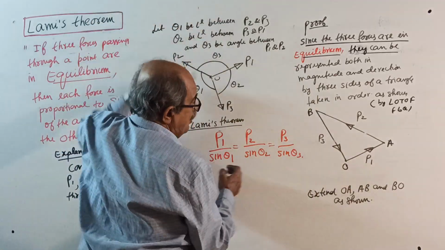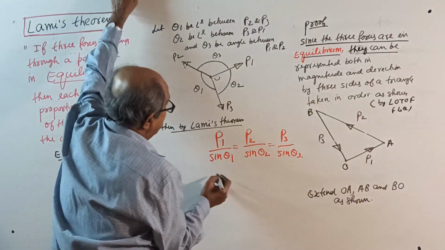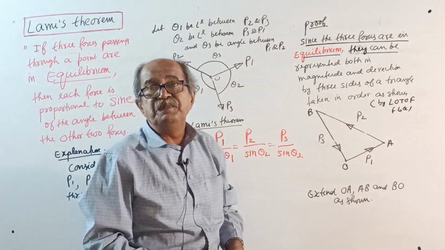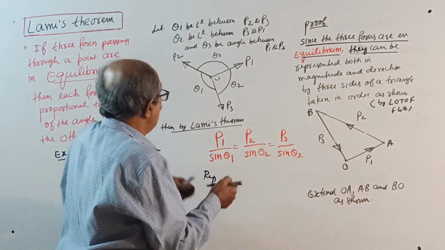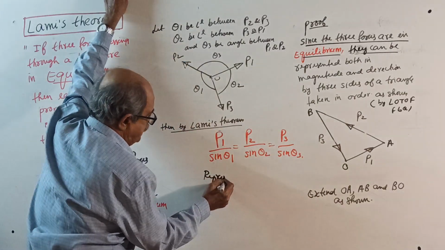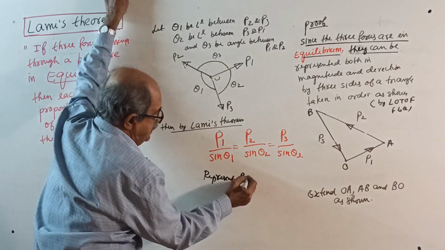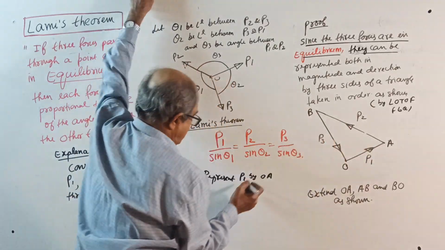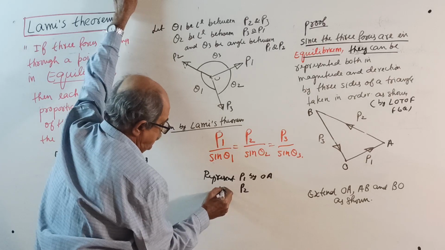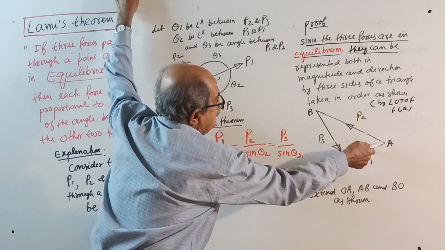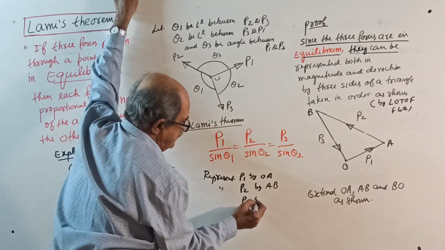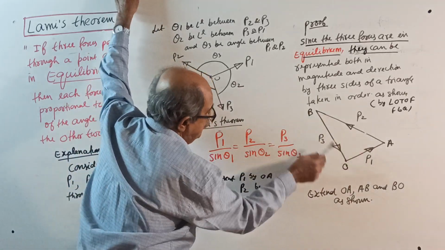Now, some statement I have to write here. See correctly. Represent, see the order. The way I explain, that way you have to write. Represent P1 by OA. Represent P2 by AB, and P3 by BO.